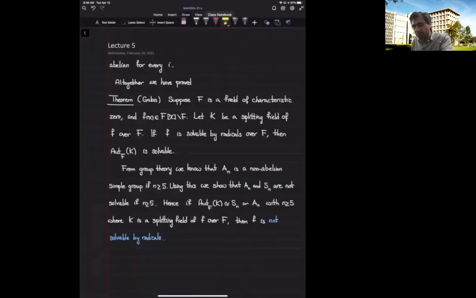And what we have proved altogether is this result that's due to Galois. So we say it's a theorem of Galois about solvability of polynomials by radicals.